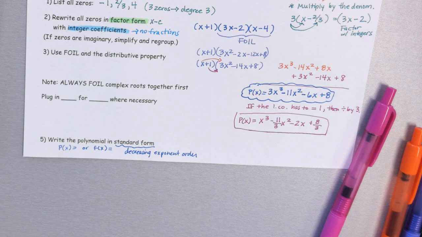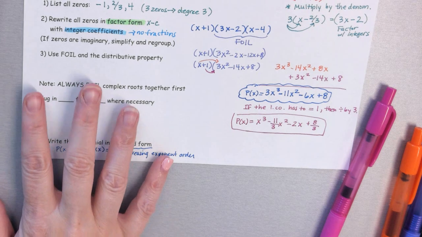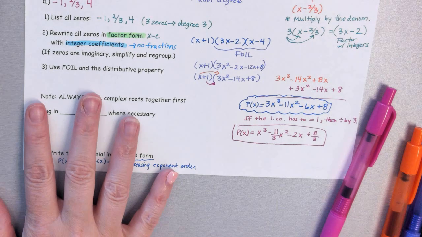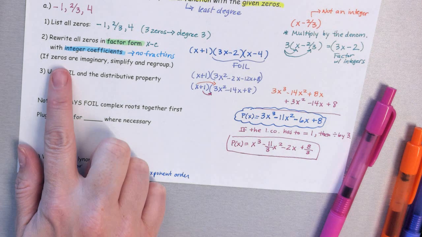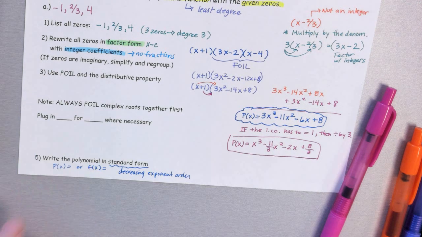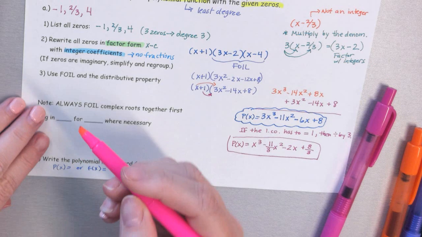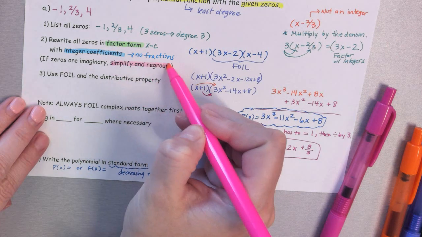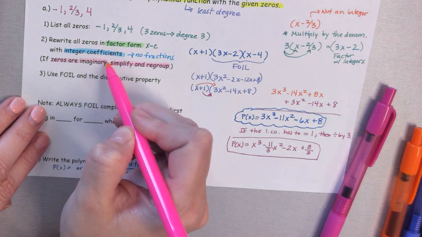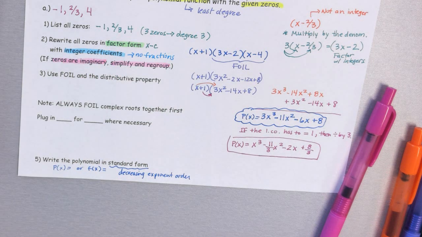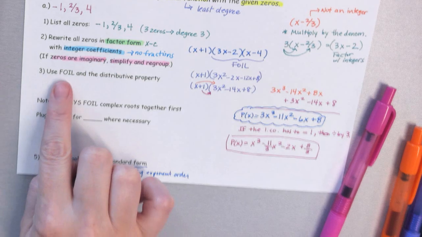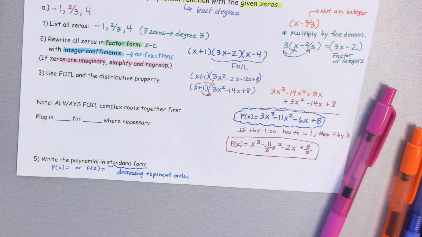Now on the back we're going to start to add in different types of roots. So if you have roots that are imaginary, we're going to do a process of regrouping, and of course I'll walk you through that. It's also going to happen if you have irrational roots, but we are going to do FOIL and the distributive property.